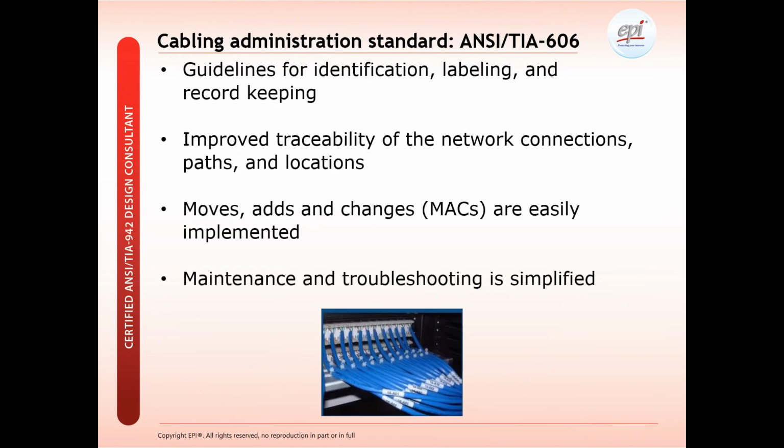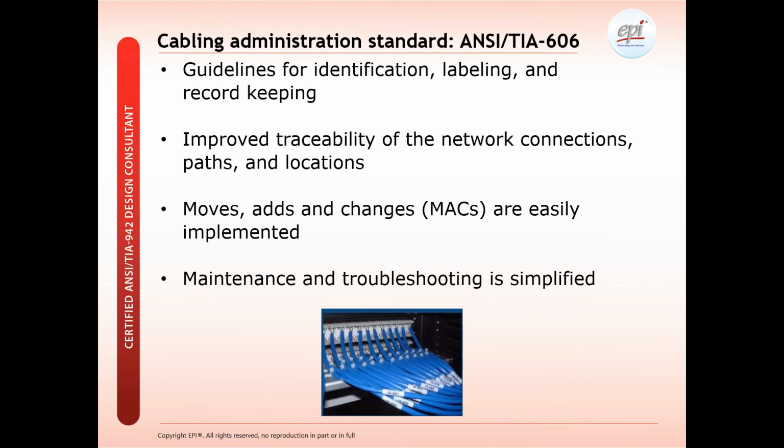TIA 942 references the TIA 606 series of standards. The 606 series provides guidelines on how we do cabling administration. The original TIA 606A was designed to identify and record general administration, but it did not address the specific needs of a data center design and installation.